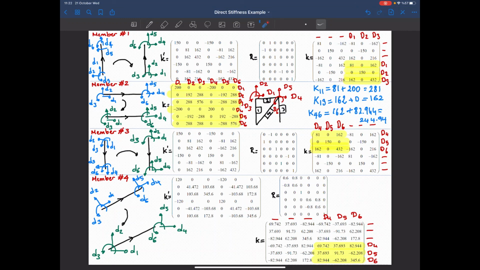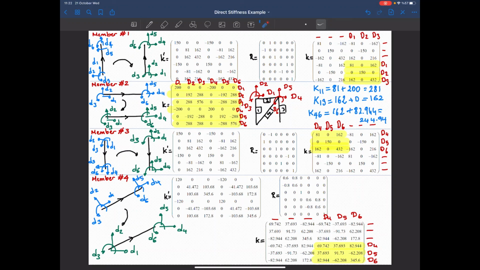And again, we do it for every member. We determine the locations of the stiffness matrix that will be assembled into the structural stiffness matrix. When we say assemble, we are actually getting the coefficient from the element stiffness matrix and adding it to the structural stiffness matrix. This process is called the assembly process.